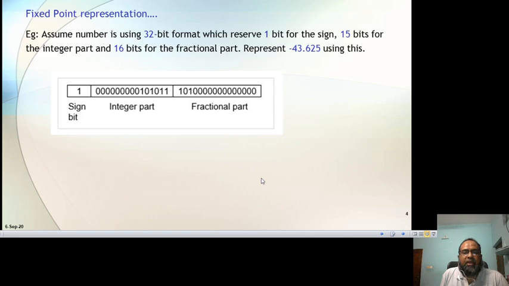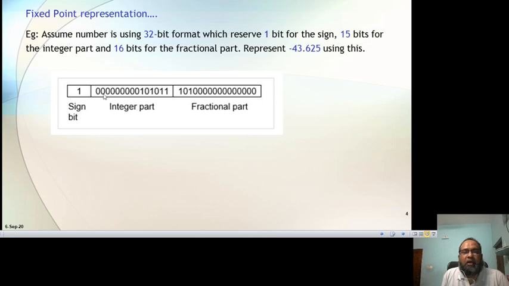So assume that we are having a decimal number, it's given as minus 43.625. How we have to represent this using the fixed point notation or fixed point representation? So you simply convert the number into binary, and since this is a negative number, the sign bit is 1, then the integer part is the part before the decimal point, that is 43.